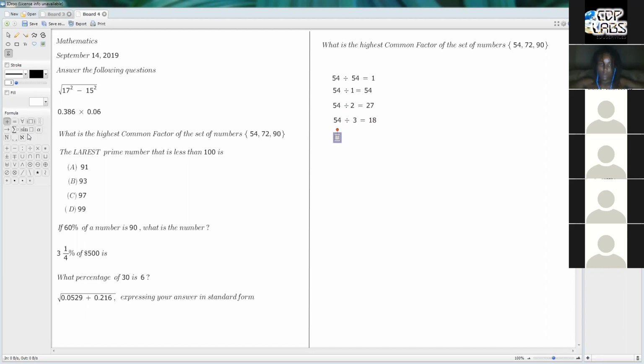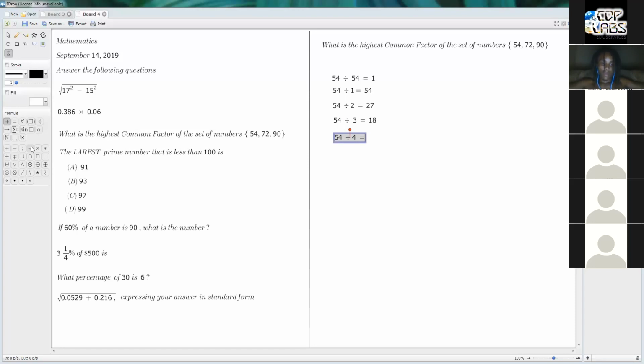Let's try 4 now. 54 divided by 4 is 13.5. All right. The fact that it's going into decimals now, it means that number is not a factor.